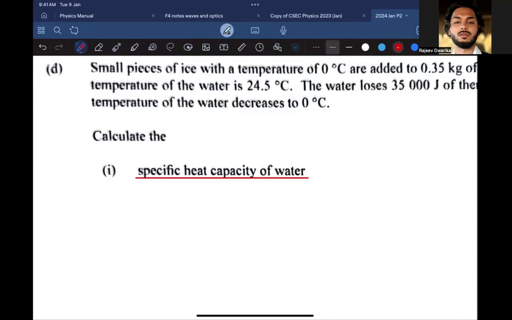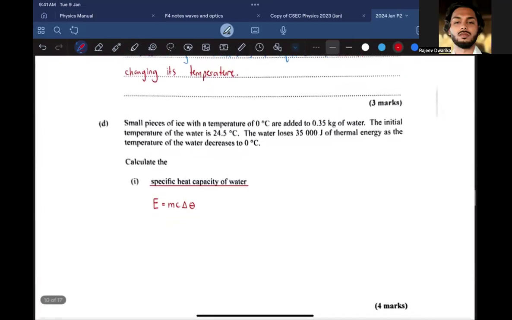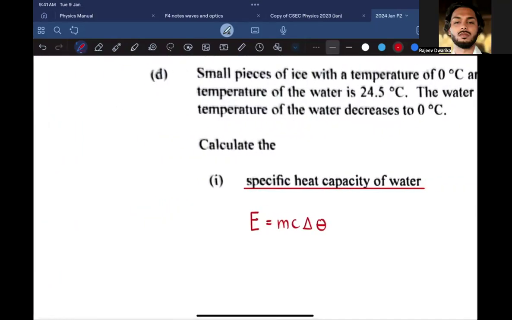Specific heat capacity. E is equal to what? MC delta theta. What does delta theta mean? The change in temperature. Right. So I want you to take a note of this in red.